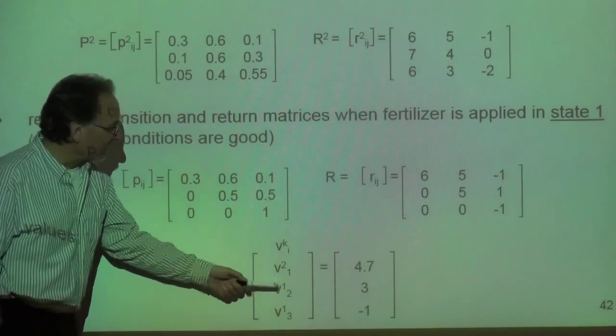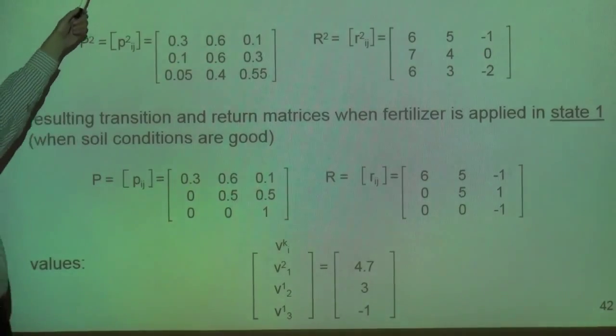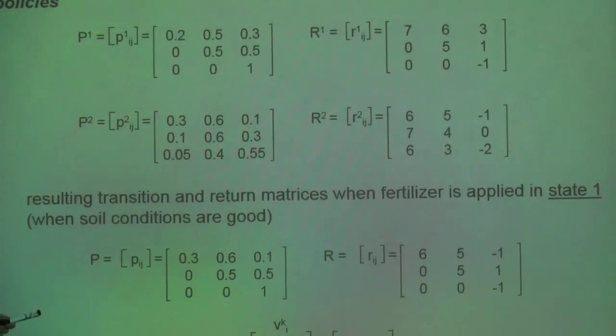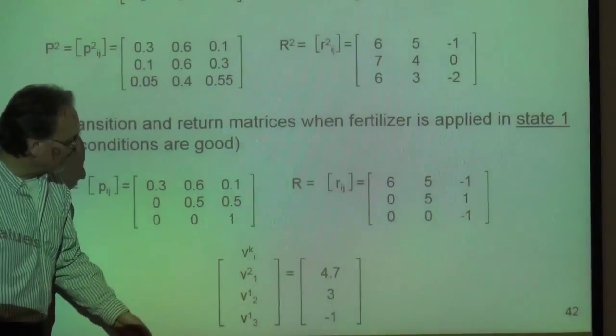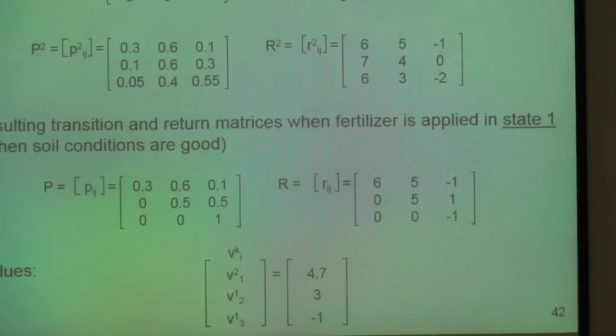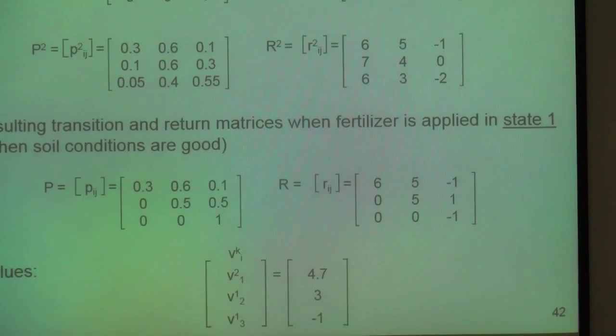This is V to the first, which is the don't fertilize, and we arbitrarily called that 1, for state 2, and V to the first for state 3. And so k refers to the original transition matrix, and i is the current state. Okay?